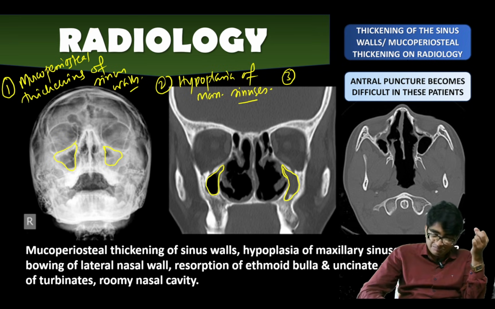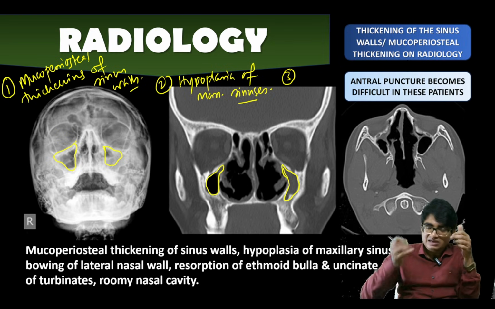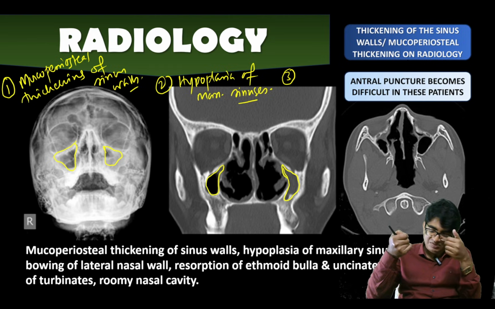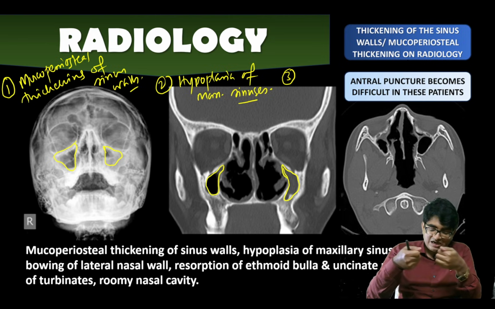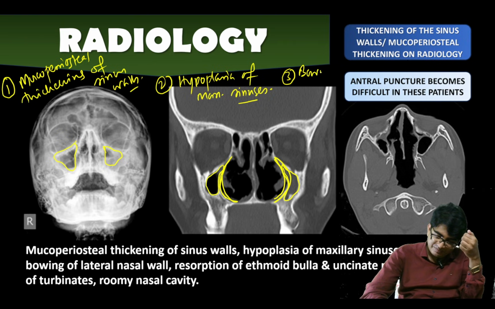Thirdly, what happens? You see, because the sinuses have got atrophied, and as well there is thickening of the bony walls of these sinuses, what happens? The nasal cavity is roomy now. There is erosion and bowing of the lateral nasal wall. So you see there is bowing of the lateral nasal walls, correct?